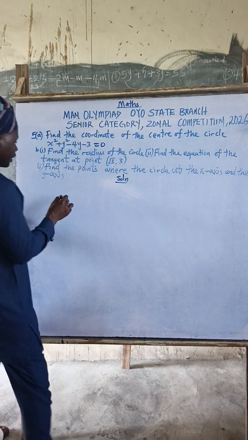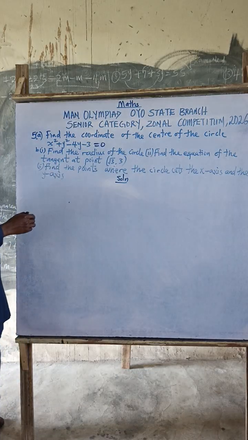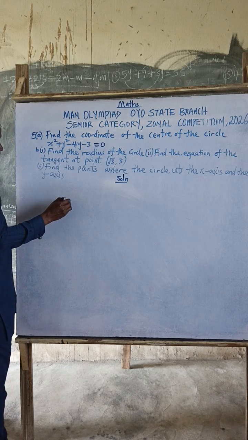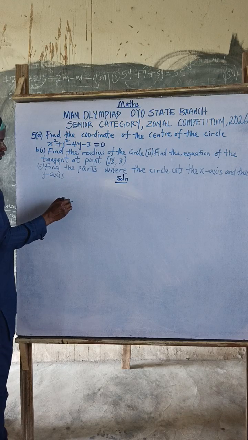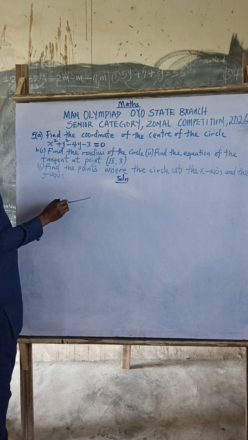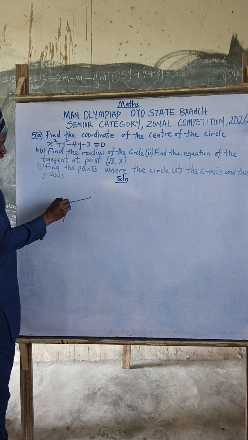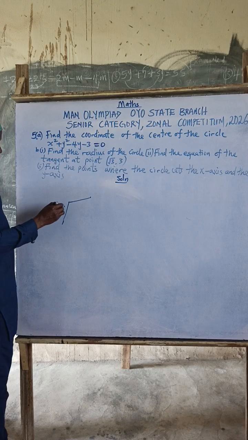When you have a point, any line that you draw from this point to this point, and from this point to this point, has the same value.